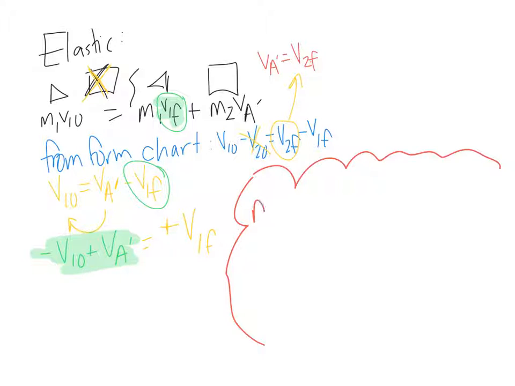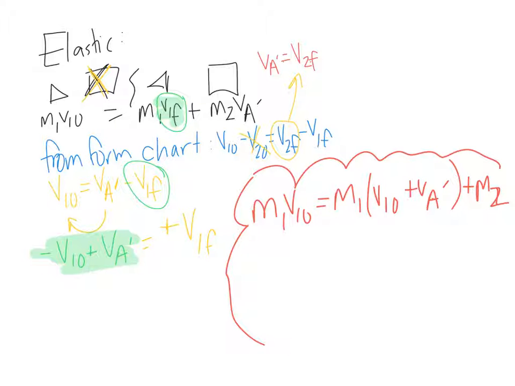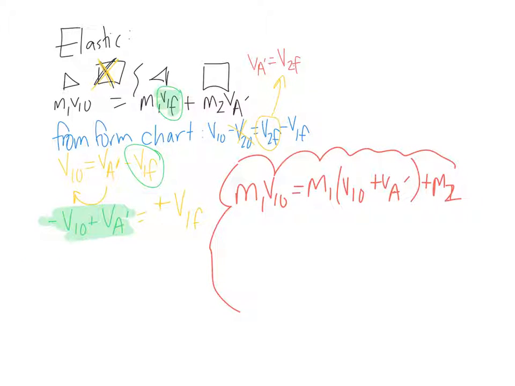Okay, so now my equation is m1 of the bullet has to equal m1 times my new formula plus m2 A prime. So this is the new version of this.